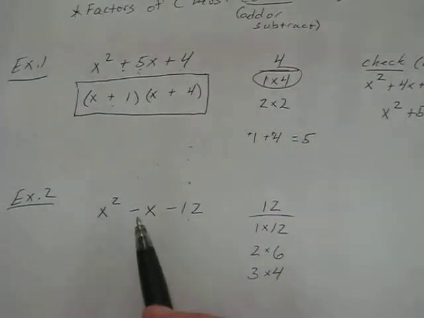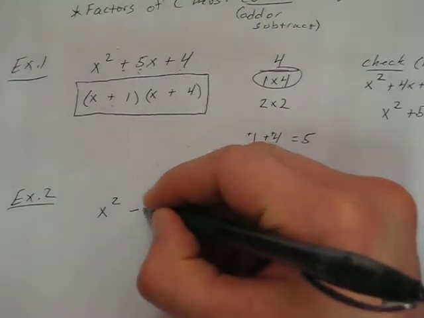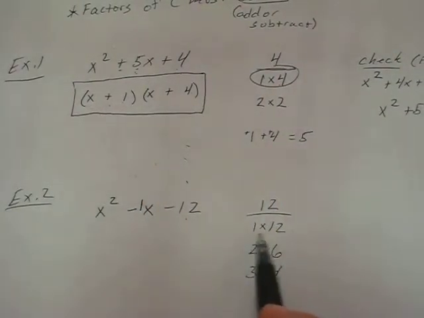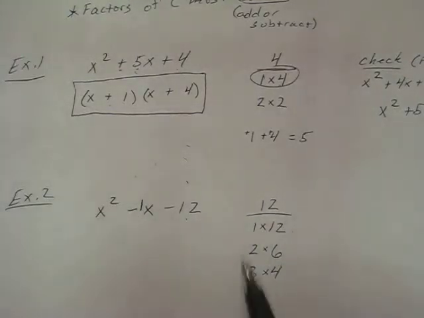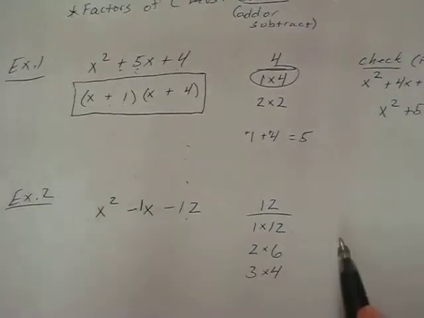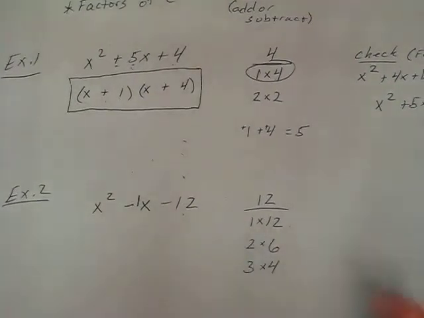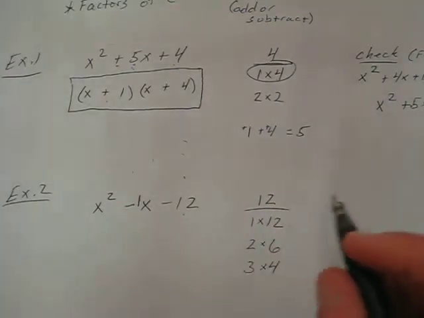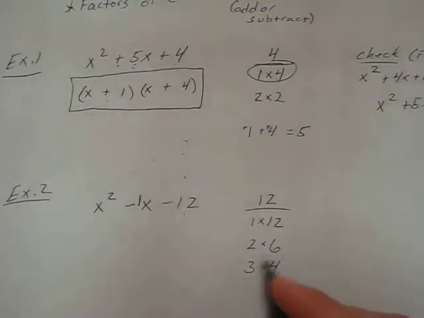That's your first step. Find your factors of the last number, which in this case is 12. And they have to combine to give b, which in this case is negative 1. So I have to find a way that 1 and 12, or 2 and 6, or 3 and 4 can add or subtract to give me negative 1. There's no way that 1 and 12 will ever add or subtract to get 1. You'll get 13 or maybe 11, but not 1. 2 and 6, same thing.